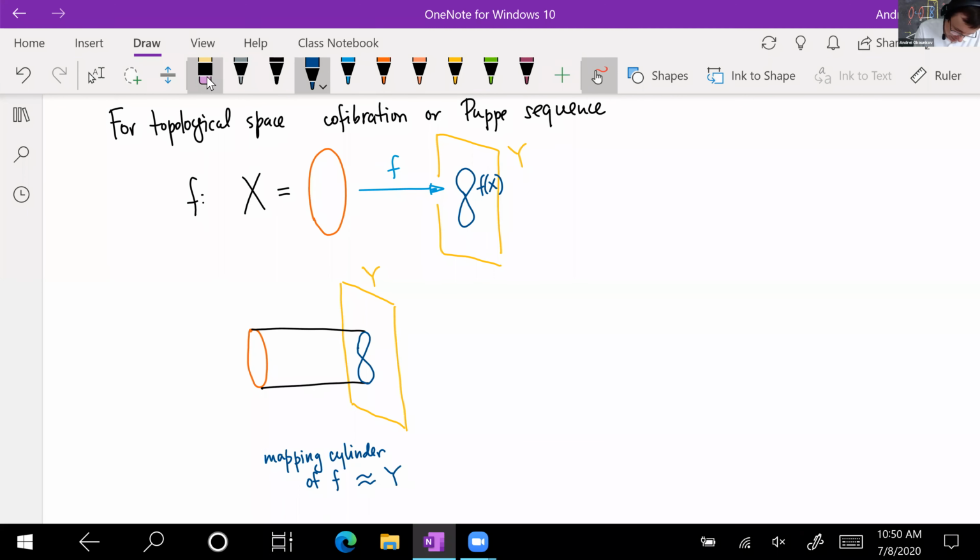If I just take that cylinder and shrink it, that will be my homotopy, and then my map is replaced by just an embedding. So this is my X going into Y.